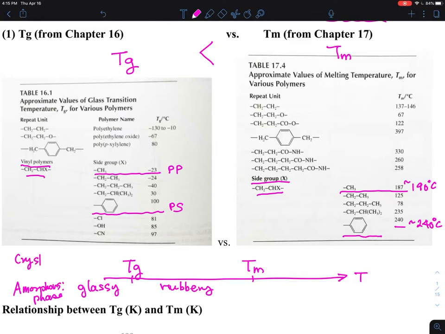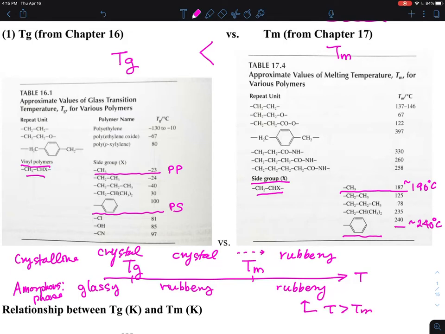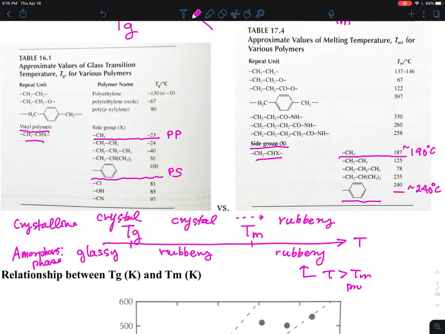In the crystalline phase, this is still crystal. So they still maintain the crystal structures, and eventually the crystal structures are lost when you heat above the melting temperature, and then you will see essentially the rubbery state. In the rubbery state, at a temperature higher than Tm, both phases are rubbery, and processing is possible. Okay.